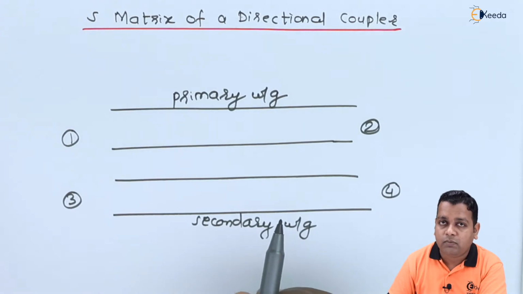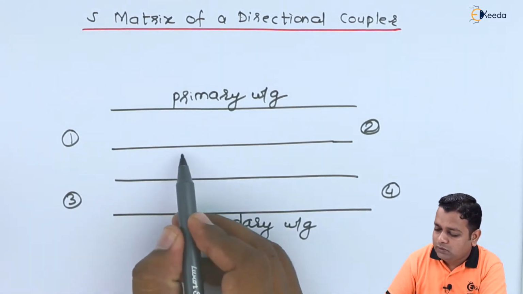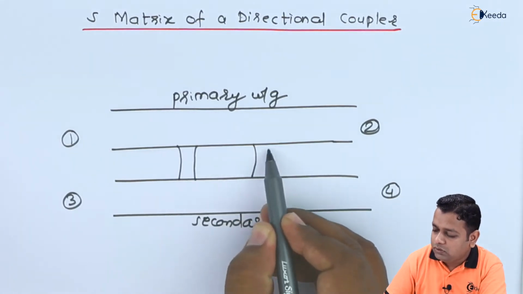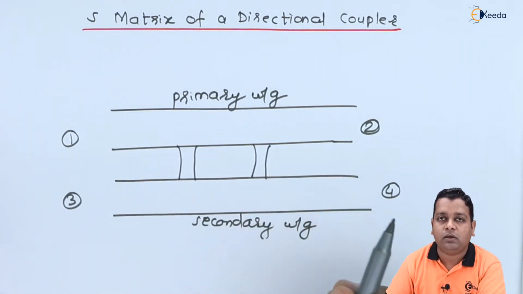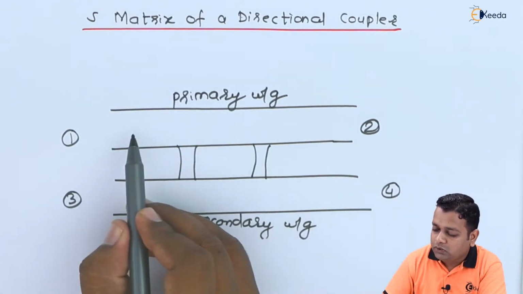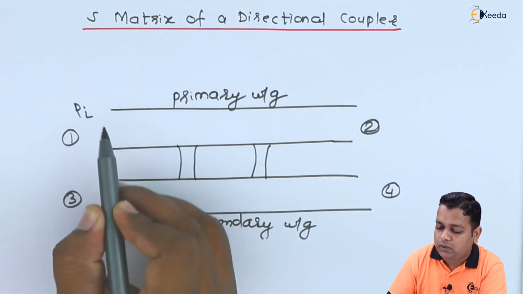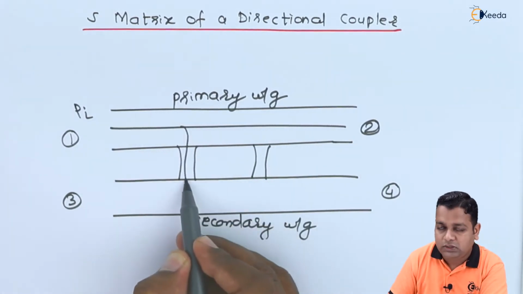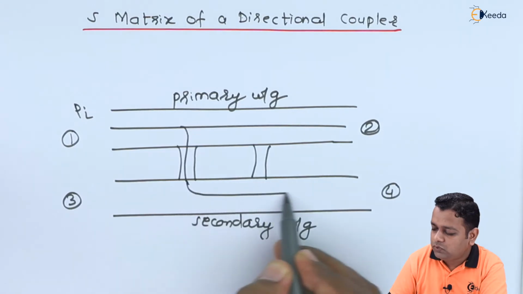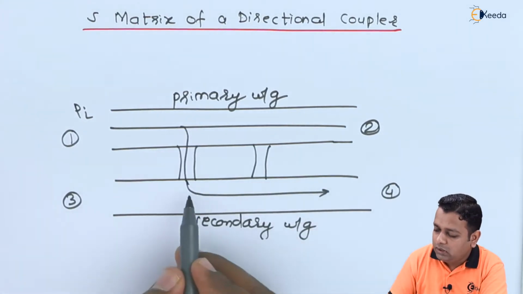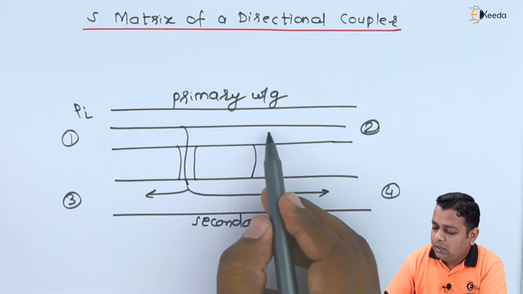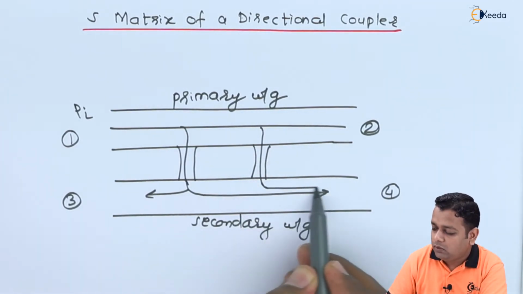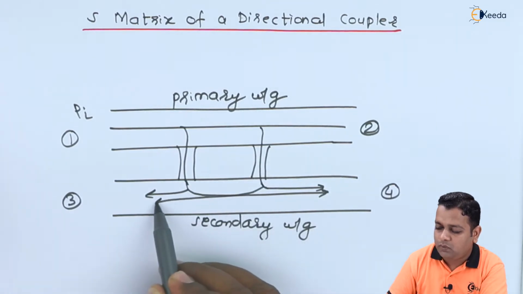Between the side walls of the primary and secondary waveguides, the coupling is made possible with the help of holes. There can be one hole, two holes, or n multiple holes. Whatever input power we feed to port number 1 will leak through, with one branch going in the forward direction and one in the backward direction. Again at hole number 2 we have a forward and a backward branch.